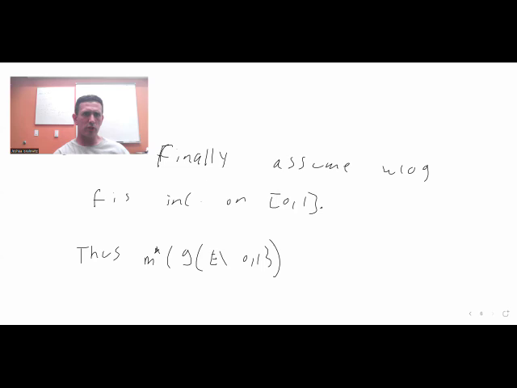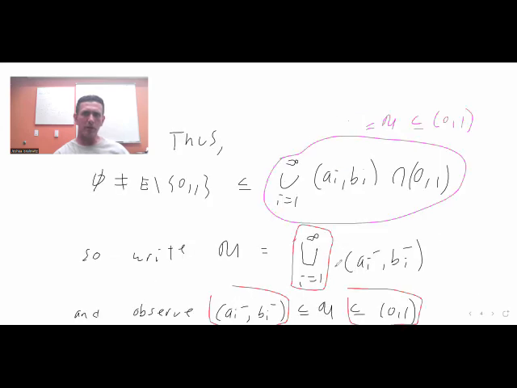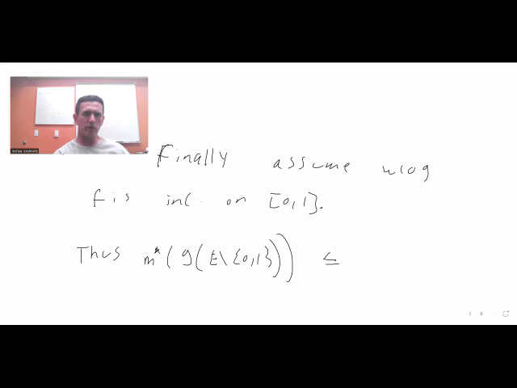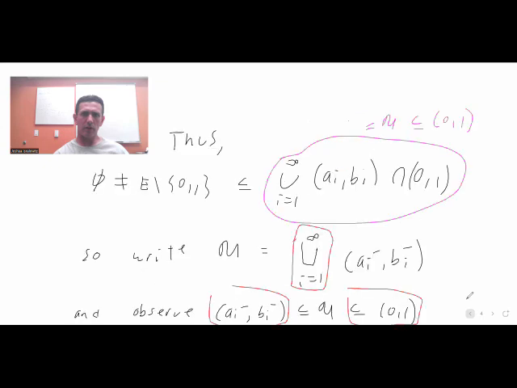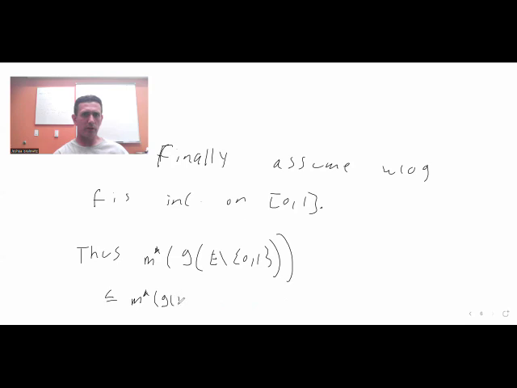To be crystal clear, this is take away. Sorry, E take away (0,1) is a subset of U, so it is less than or equal to G of U. So this is going to be the outer measure of this union here, which need not be disjoint, but that's fine.